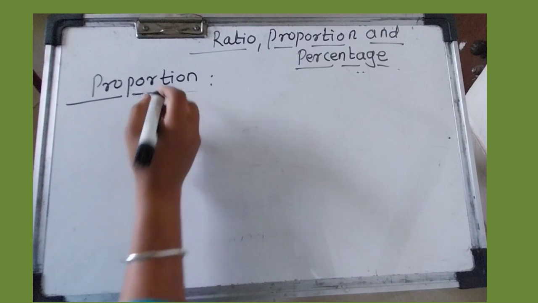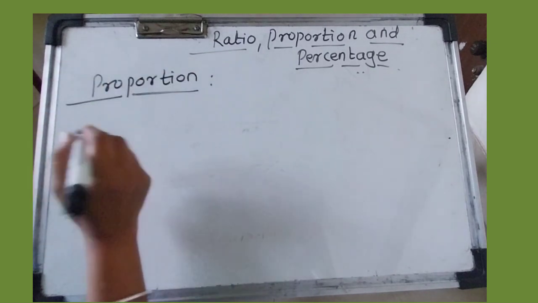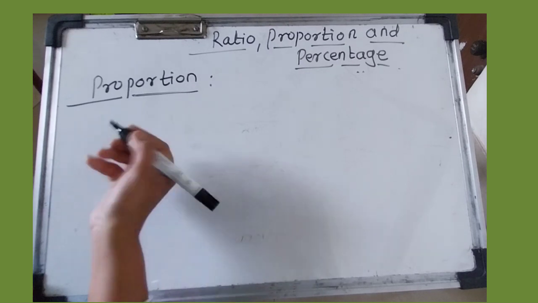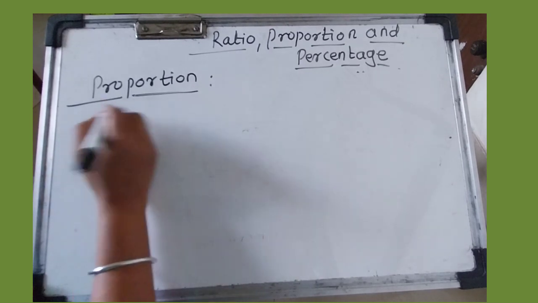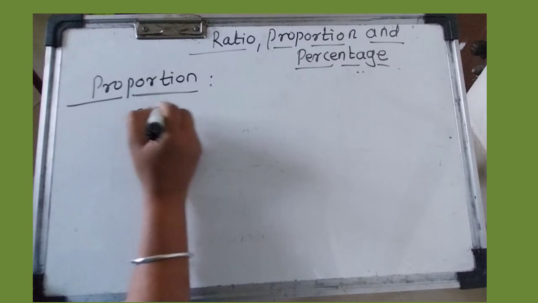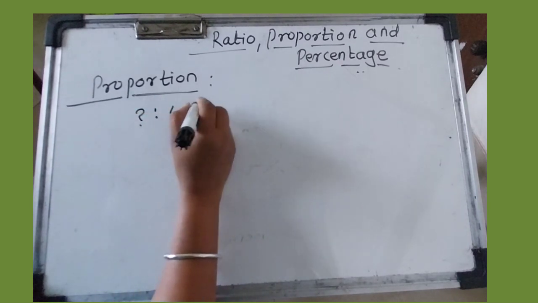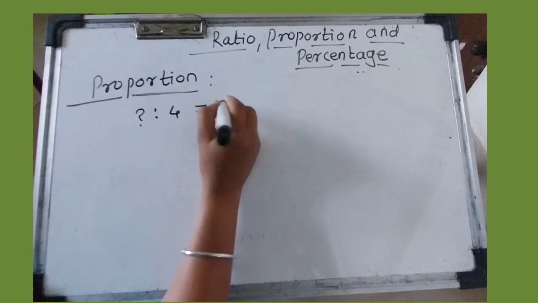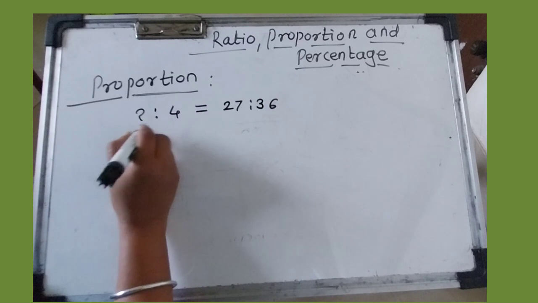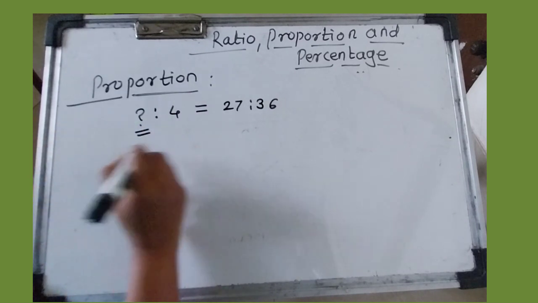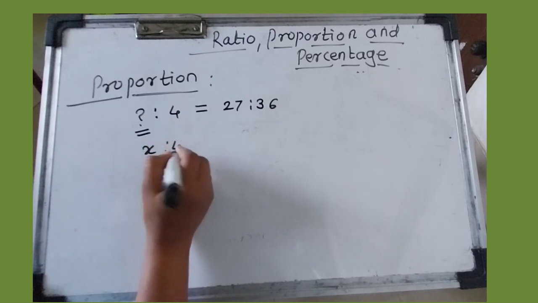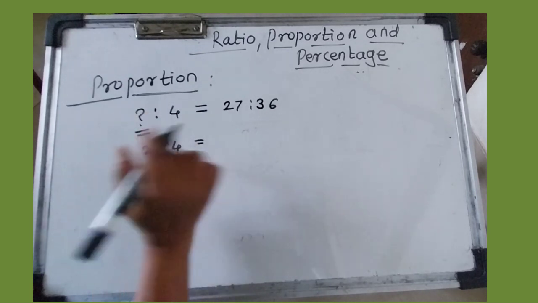Okay. We will move towards an example. What type of example do they ask? Find the missing term in the proportion. See, question mark is to 4 equal to 27 is to 36. We have to find this. Assume that this is x.